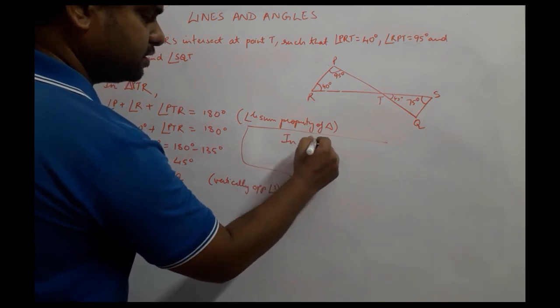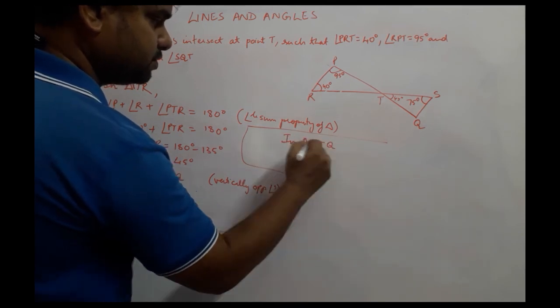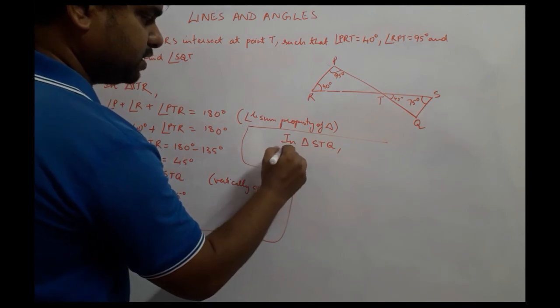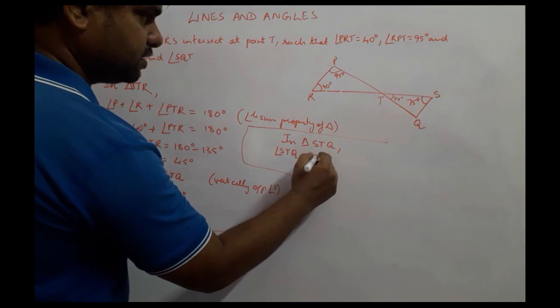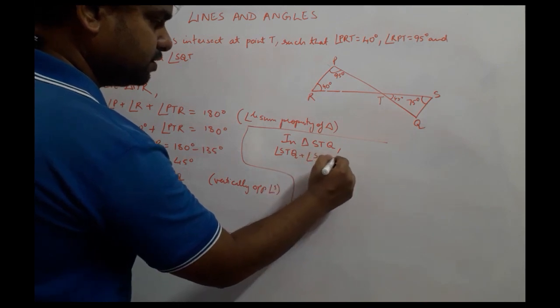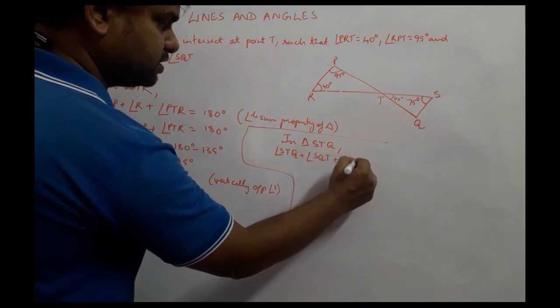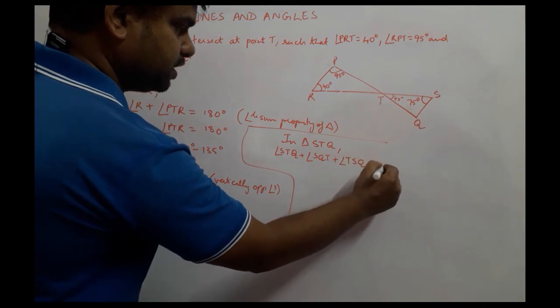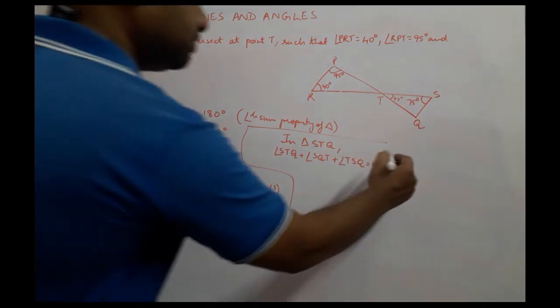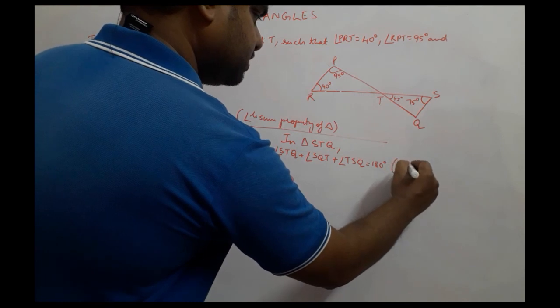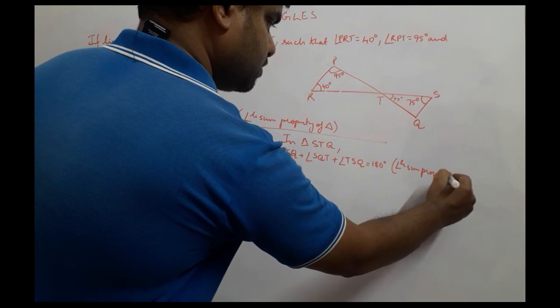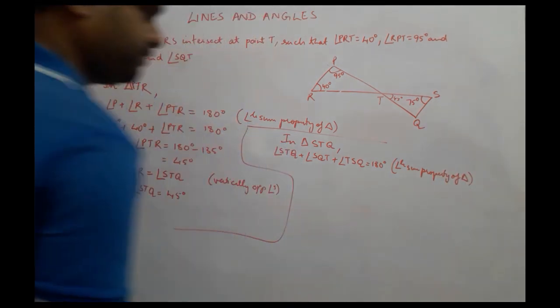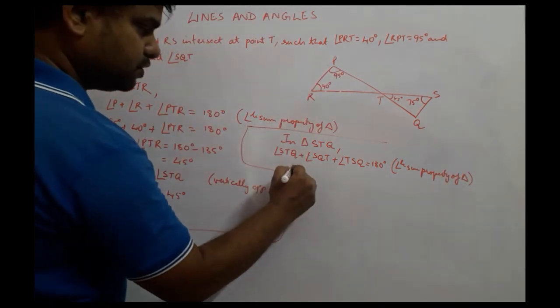In triangle STQ, angle STQ plus angle SQT plus angle TSQ equal to 180 degrees, and this is because of the angle sum property of triangle. STQ is equal to 45 degrees.